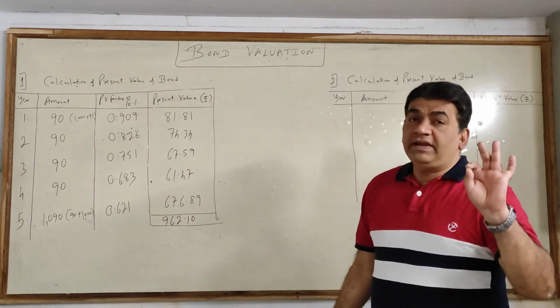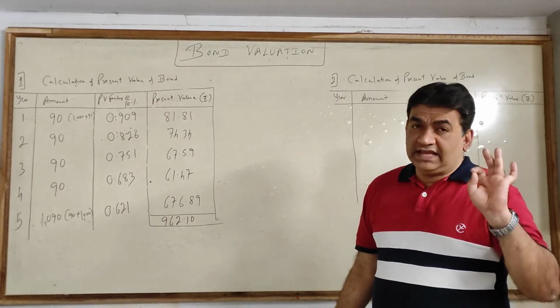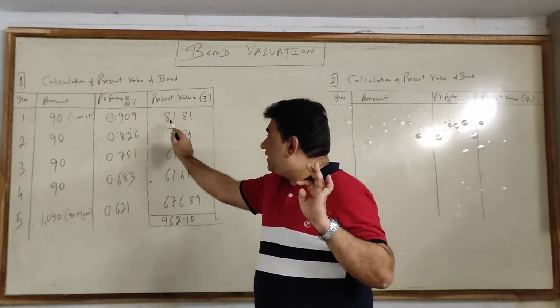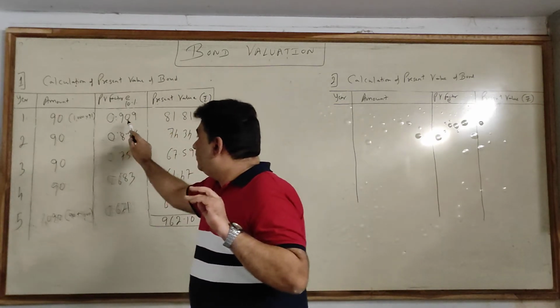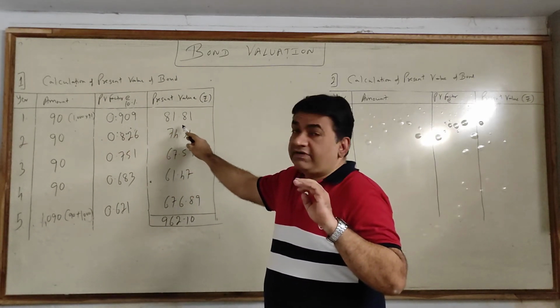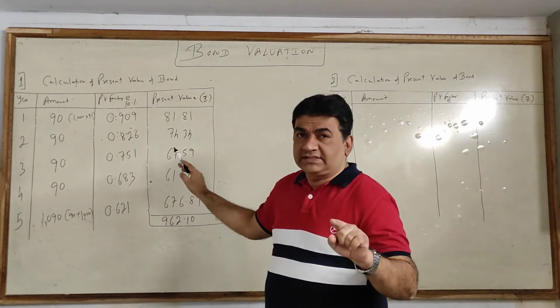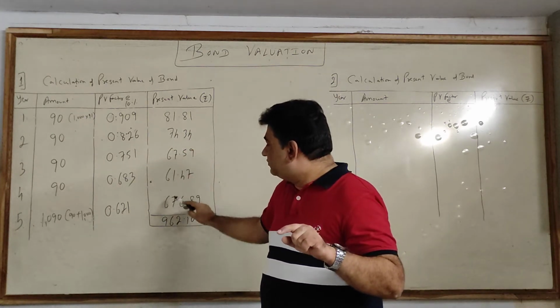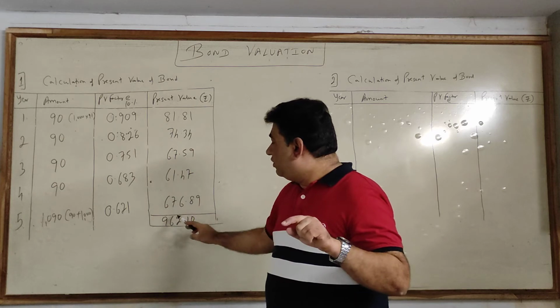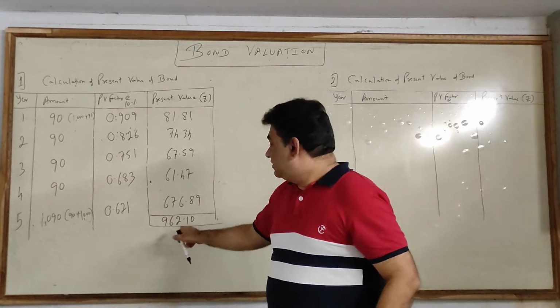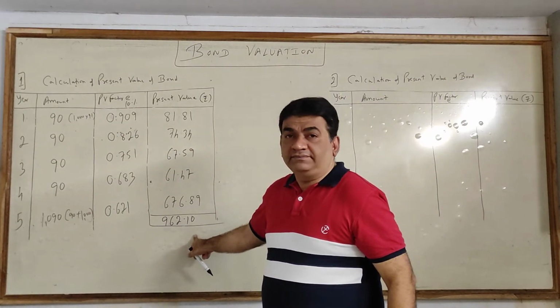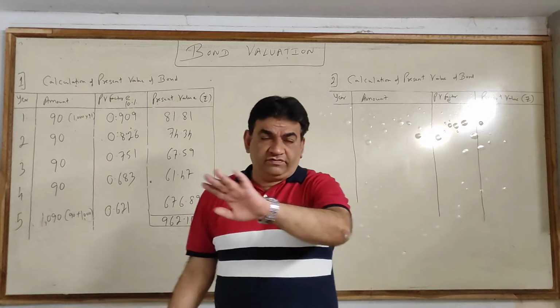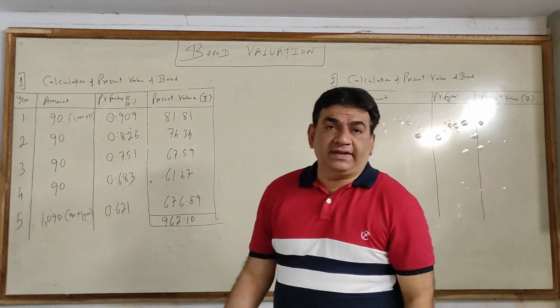I'll repeat for those who know M plus and M minus. Keep on multiplying. 90 into 0.909, you get 81.81, right? Press M plus for every digit. After getting all 5, just press MRC, the total will come. And those who are getting confused, forget it, do it the normal way.